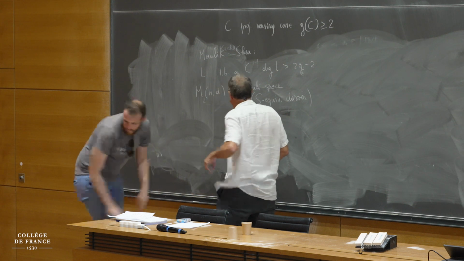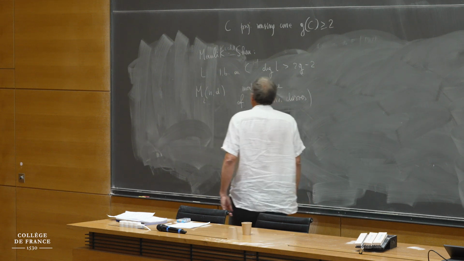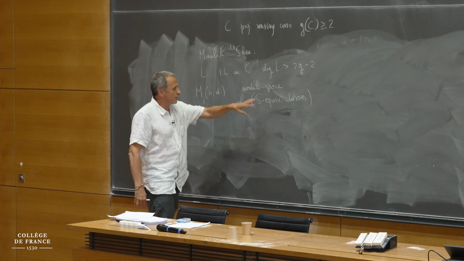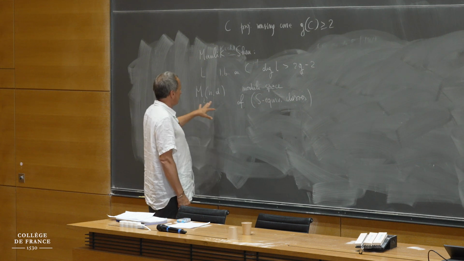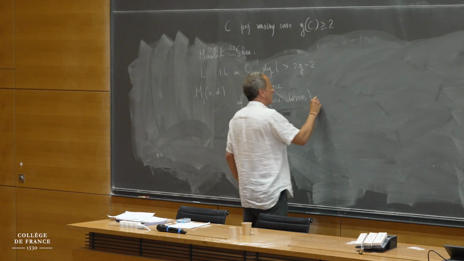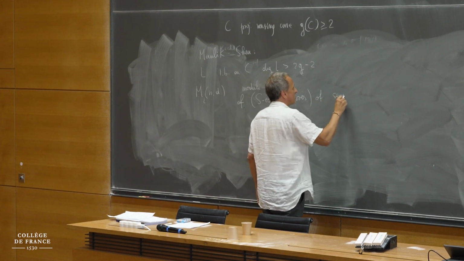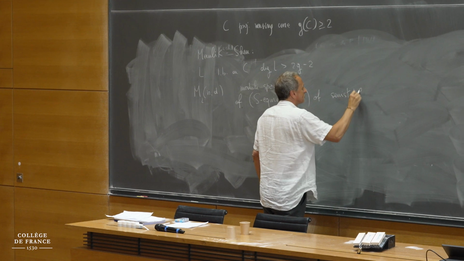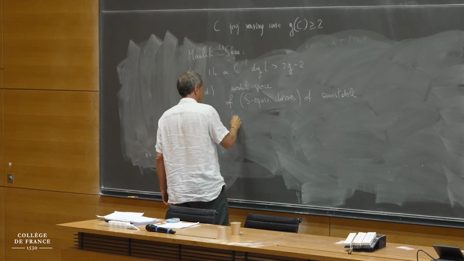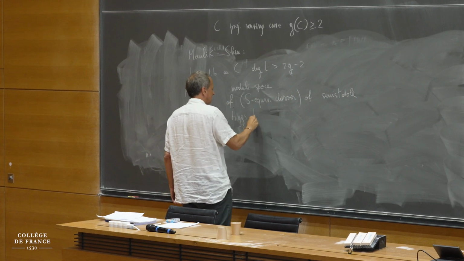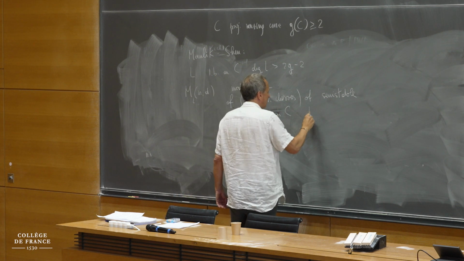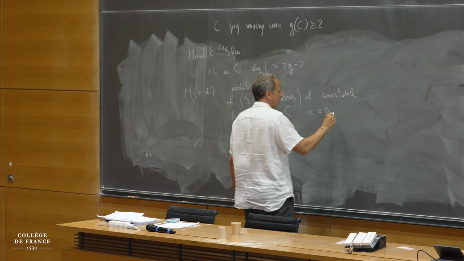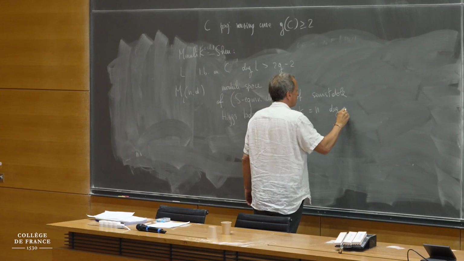Now we consider M_{n,d,L}, the coarse moduli space of S-equivalence classes, which I'll later define, of semi-stable Higgs bundles on C of rank n and degree d.